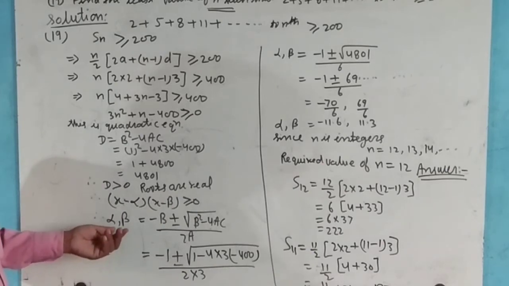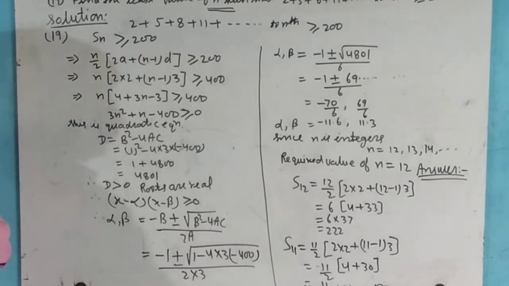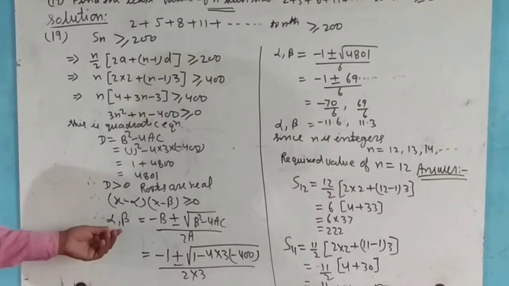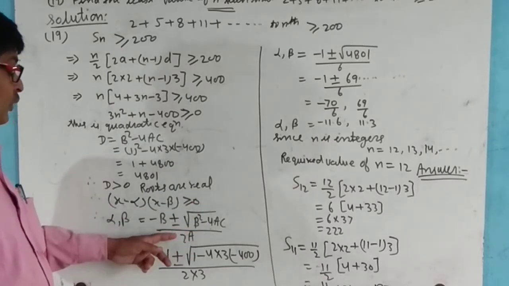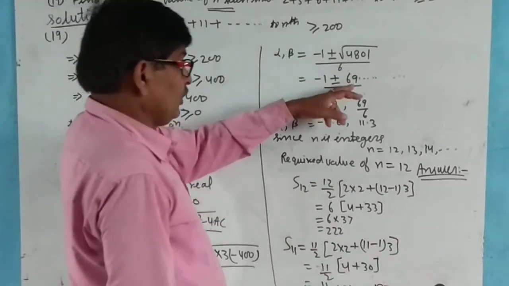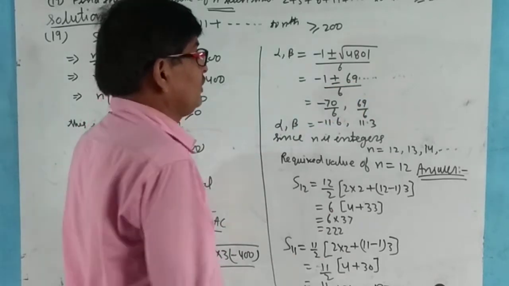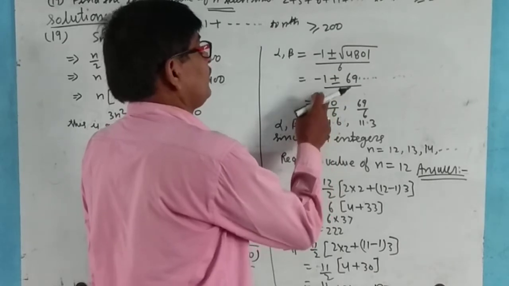Now we calculate the values of alpha and beta. As we are mathematics students, we cannot use a calculator or any other instrument. Alpha, beta is equal to minus b plus or minus square root of b square minus 4ac, by 2a. Putting the values, this comes near about 69 point something. If you take the negative, it is minus 70 by 6.